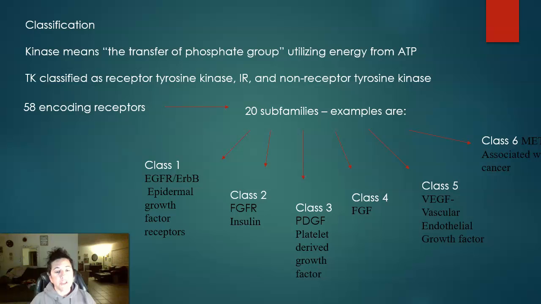I'm also going to mention the EGFR, which is identified as class 1 in the slide, and the ERBB, which are the epidermal growth factor receptors. That IR could also be the FGFR. I'm also going to mention class 5, which is VEGF, or vascular endothelial growth factor.